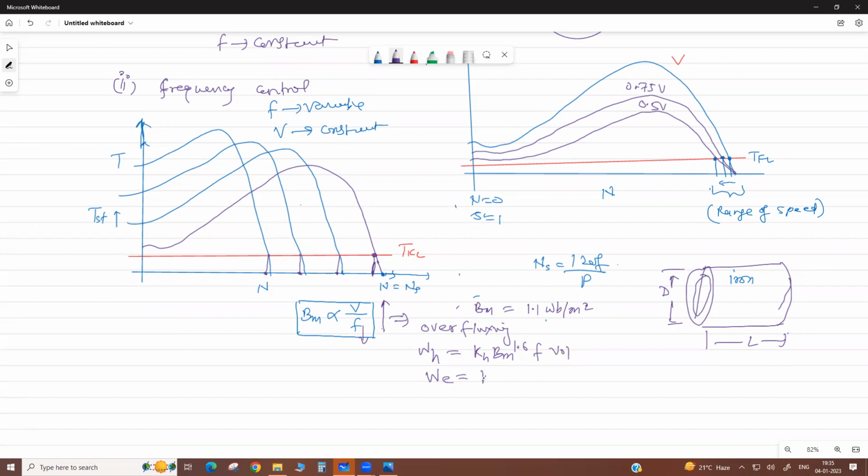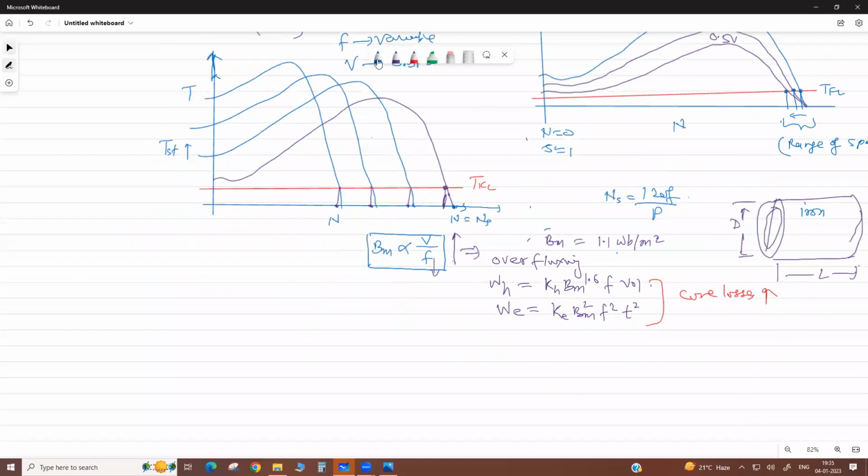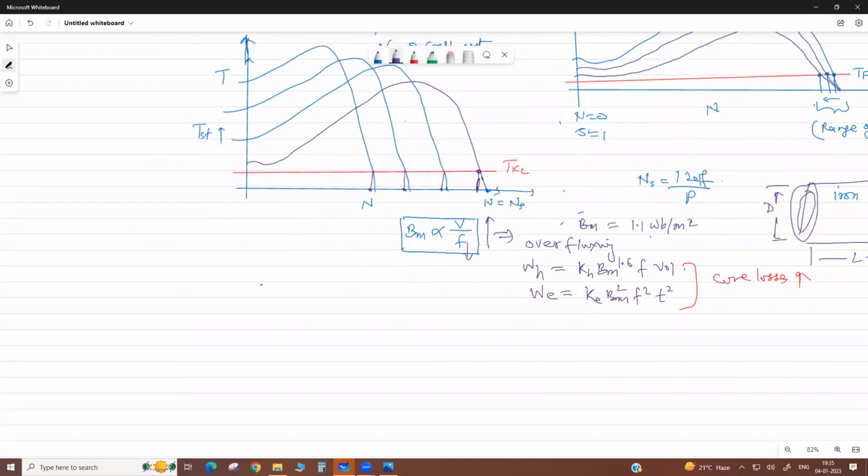Eddy current loss is eddy current constant times B square F square T square, where T is the thickness of lamination. So that depends on the flux density. It means with overfluxing the core losses increase and the motor gets heated also. That's why we vary both in the same proportion.